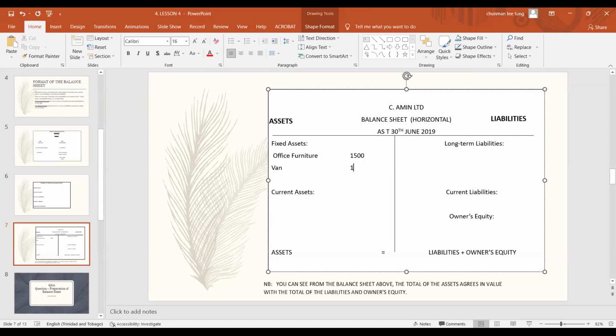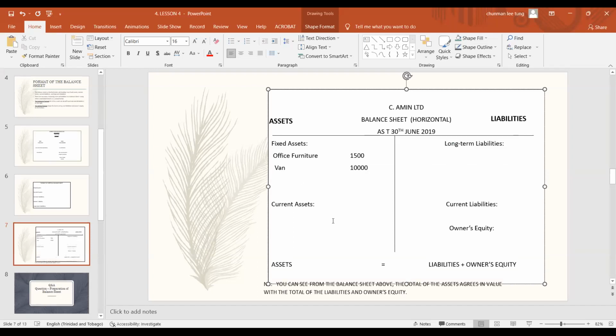Of course, you're going to line it up properly. When you total those two assets, you are going to get $11,500 as your total fixed assets.